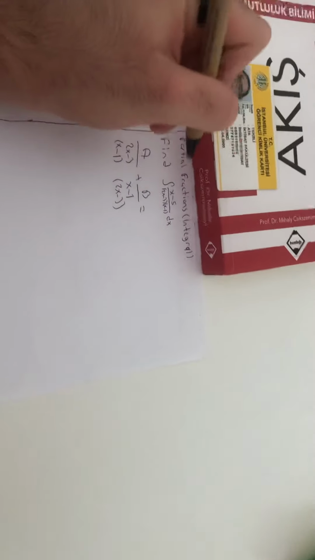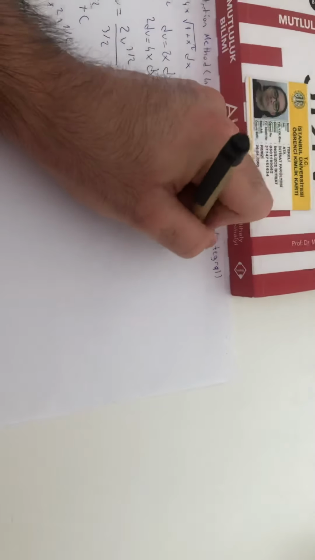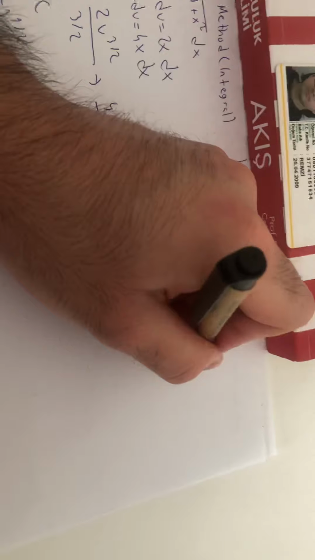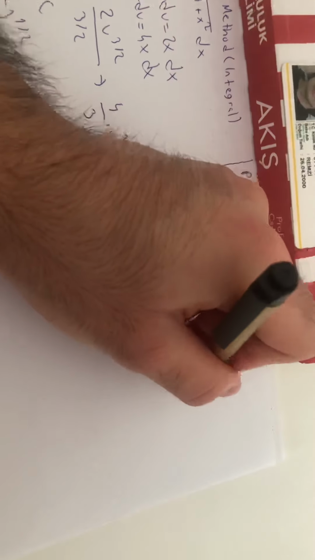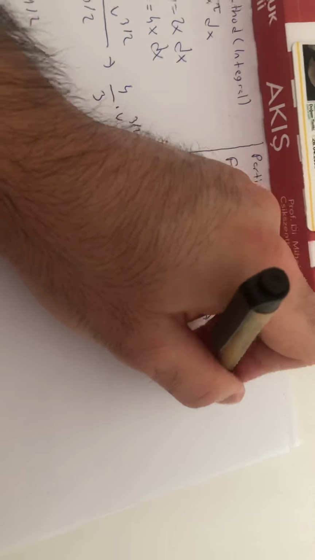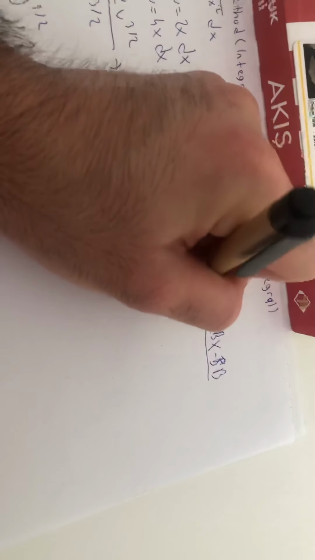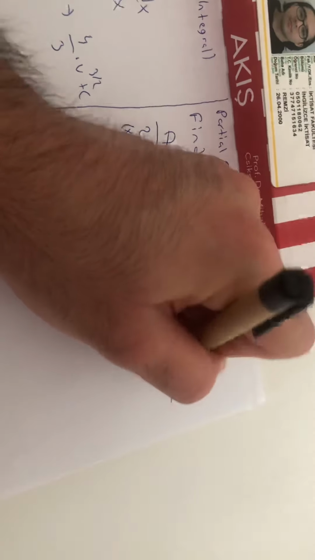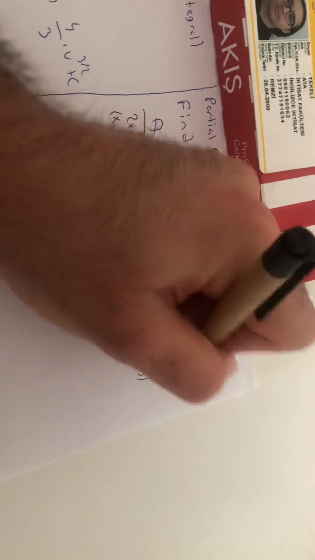We will see the result: ax minus a plus 2bx minus 3b over (2x minus 3) times (x minus 1) will be equal to x minus 5 over (2x minus 3) times (x minus 1).